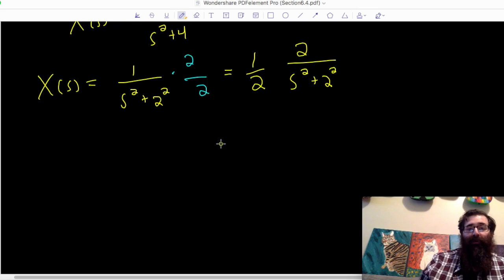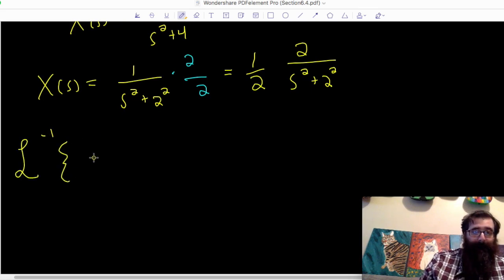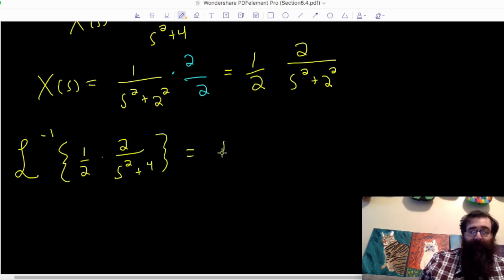If I do the Laplace inverse on this 1/2 times 2 over s squared plus 2 squared, or s squared plus 4, whatever, the 1/2 is going to come along. We'd say this 2 over s squared plus 2 squared is going to give us sine of 2t.